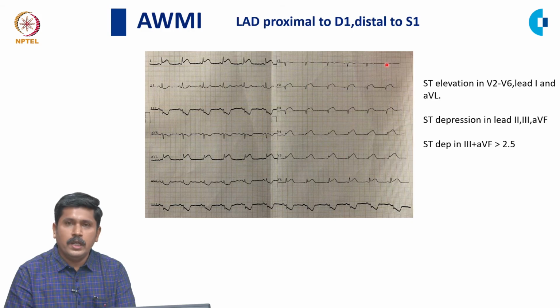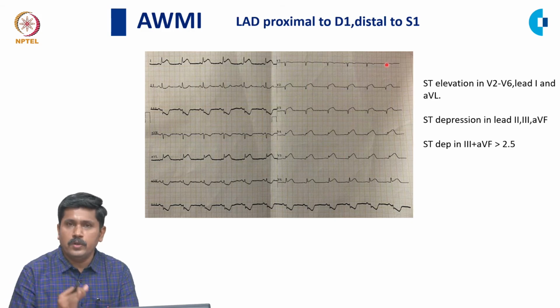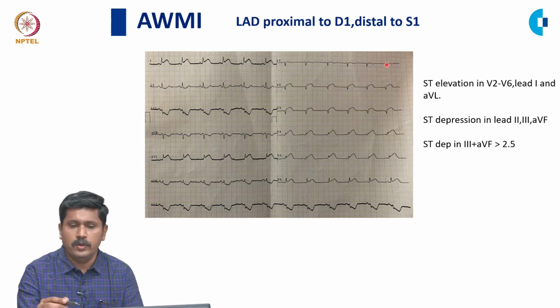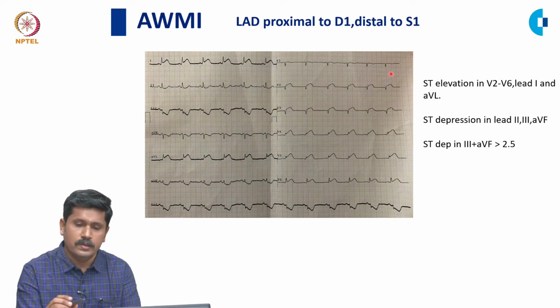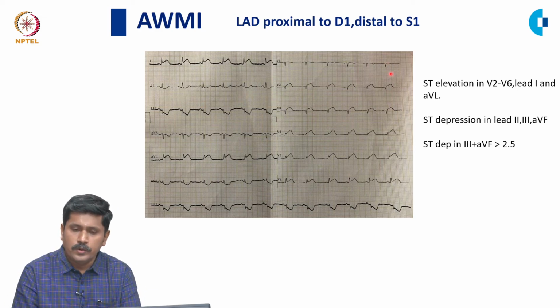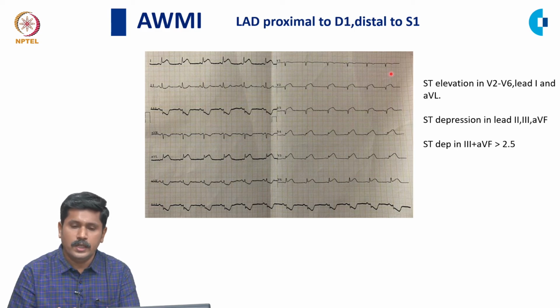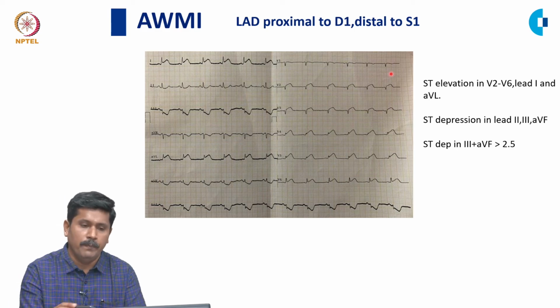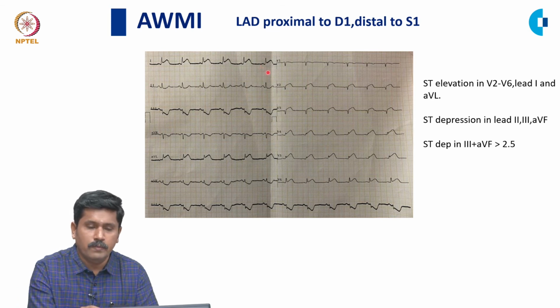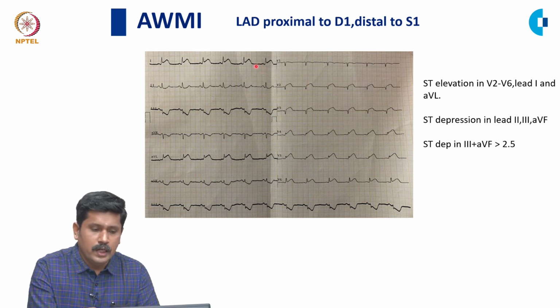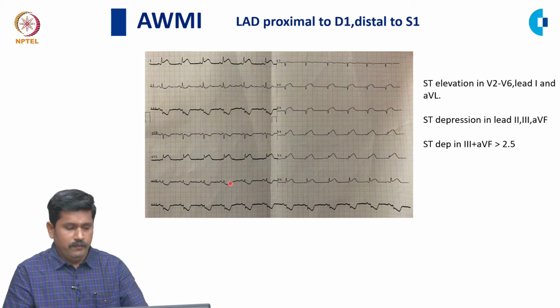Lead V1 ST elevation, if present, shows there is an occlusion of the septal branch. Here in lead V1 there is no ST elevation, so probably the septal branch has been spared. So the occlusion is present distal to the S1 branch and proximal to the D1. D1 involvement is indicated with the help of ST elevation in lead 1 and AVL and also the reciprocal changes in lead 2, 3 and AVF.